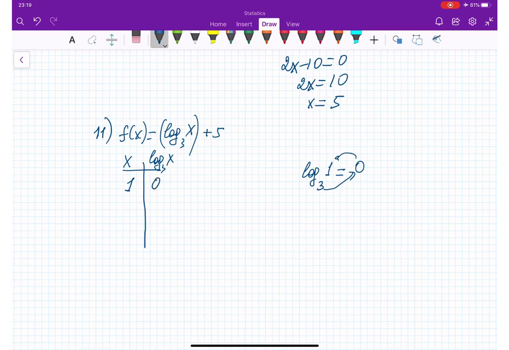And it's going to be equal to 0. Okay? Next. I can't take x equal to 0 because there is no number I can raise to a power that will give me 0. Right? Okay. What I can do, I can take x equal to 3. Log 3 by base 3, then it's going to be equal to how much? Of course 1, 3 to the power 1 equals 3.